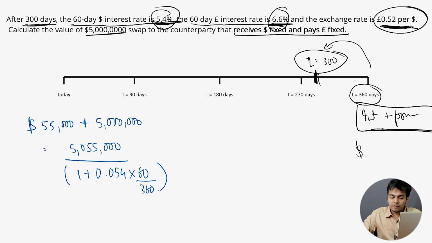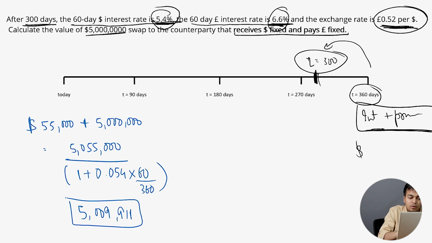So that would be 0.054 multiplied by 60 upon 360 plus 1. You divide that, and then you multiply by 5,055,000. That would be 5,009,911. Alright, this is in dollar terms, and likewise you need to do it for GBP as well.